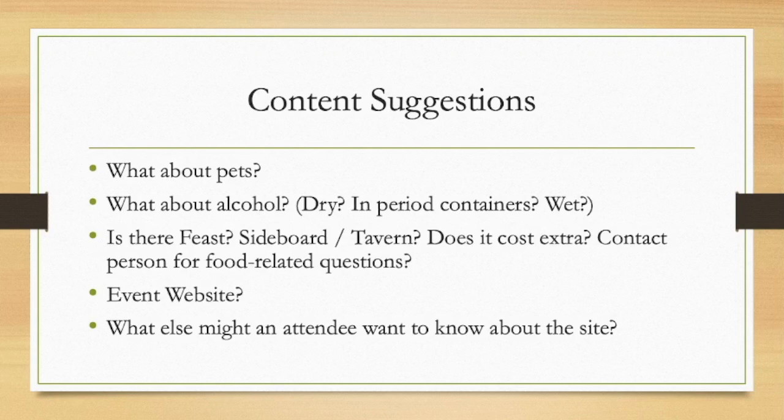What about alcohol? The three main ways that people express the different levels of alcohol permission: is it a dry site? So alcohol is not permitted. Do not bring alcohol to site. Do not consume alcohol on site. It's dry. The second category would be in-period containers. That usually means you can drink alcohol, but if it's wine, pour it into a goblet. If it's beer, pour it into a mug.